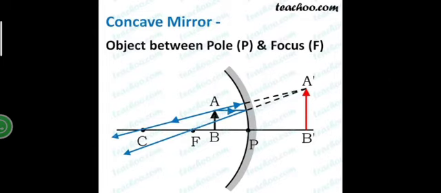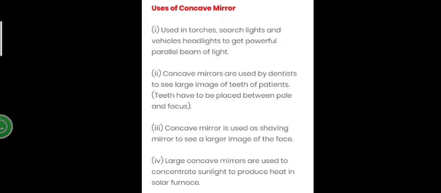Now let me talk about the uses, the applications of the concave mirror. There are many applications of concave mirrors in our daily life. The first is in torches, searchlights and vehicle headlights. Very important: in vehicle headlights, which type of mirror is used? A concave mirror.